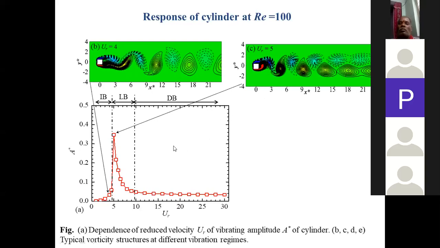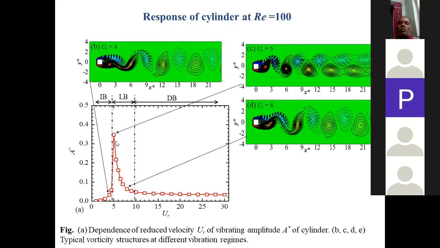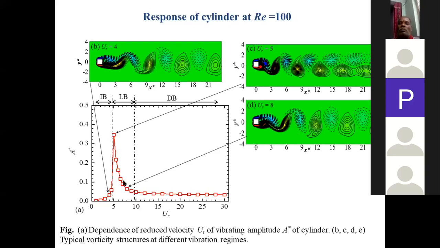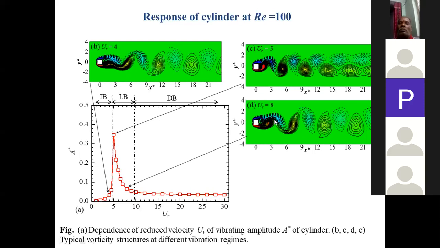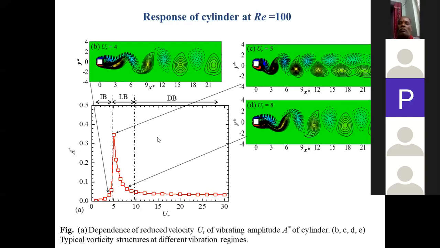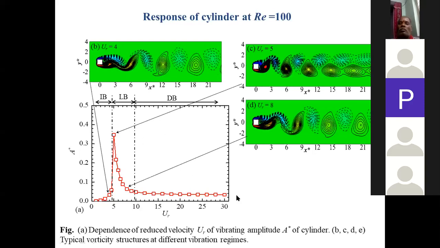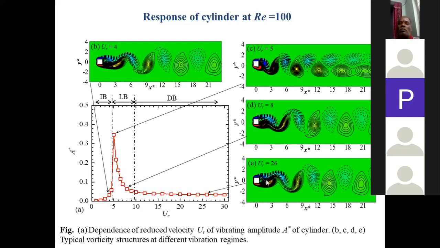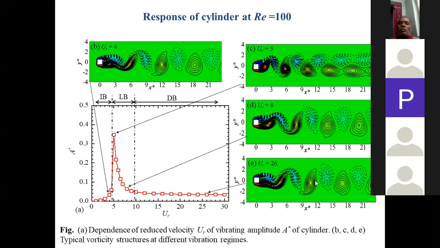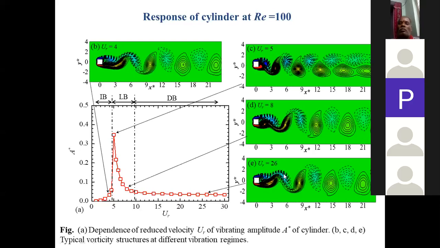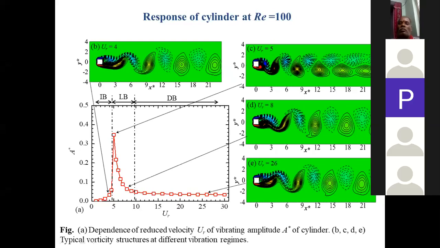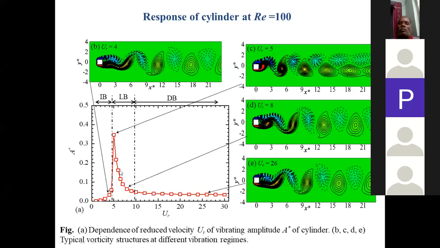Similarly, in this lower branch, when the amplitude decreases, how does the flow structure change from this peak? And in this desynchronization range, you can see how this is different from the lower branch. The spacing between these consecutive vortices is decreased here. So you can correlate this.